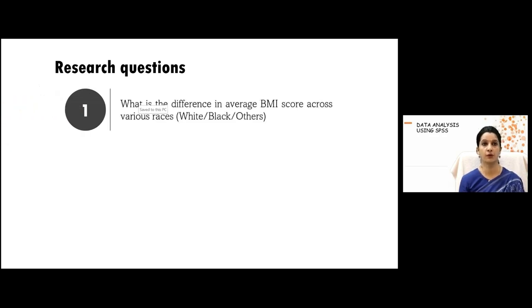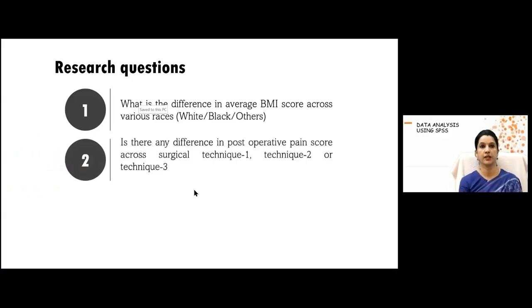So if I want to see the difference between the average BMI score across various races. In our data sheet, which has been shared with you, the race has been categorized into 3 categories: white, black, and others.